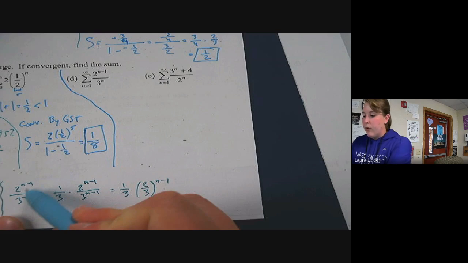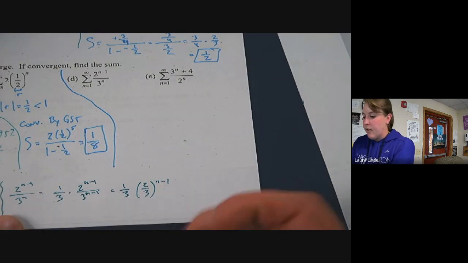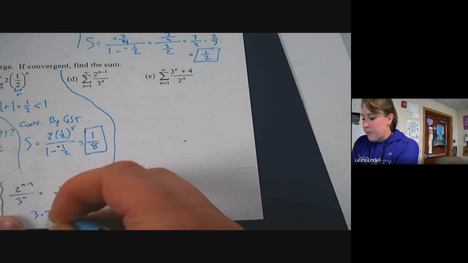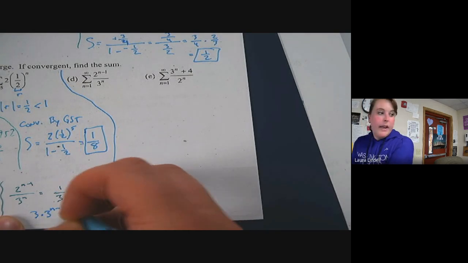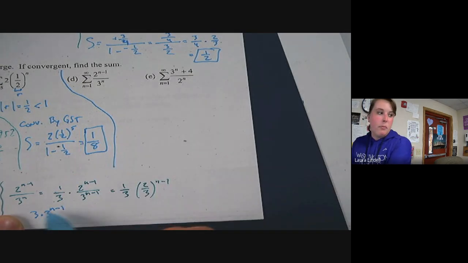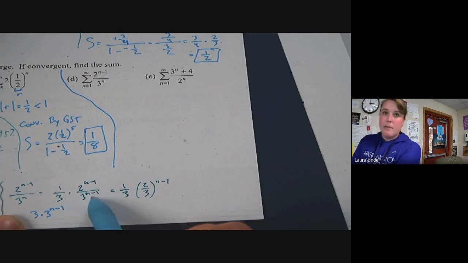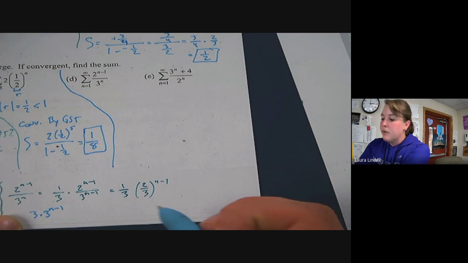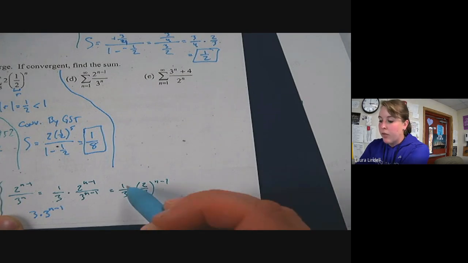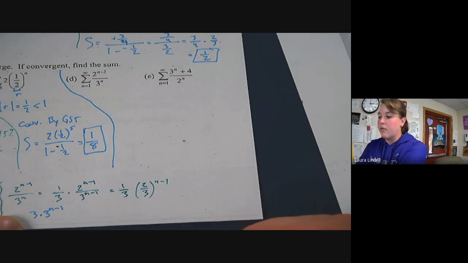If you rewrite 3 to the n as 3 times 3 to the n minus 1, and remember, we can do that because when you multiply exponents, you add the powers. If you rewrite it like that, we get 2 to the n minus 1 over 3 to the n minus 1 as a component, which means we can rewrite this whole thing as 1/3 times 2/3 to the n minus 1. So let's do that.